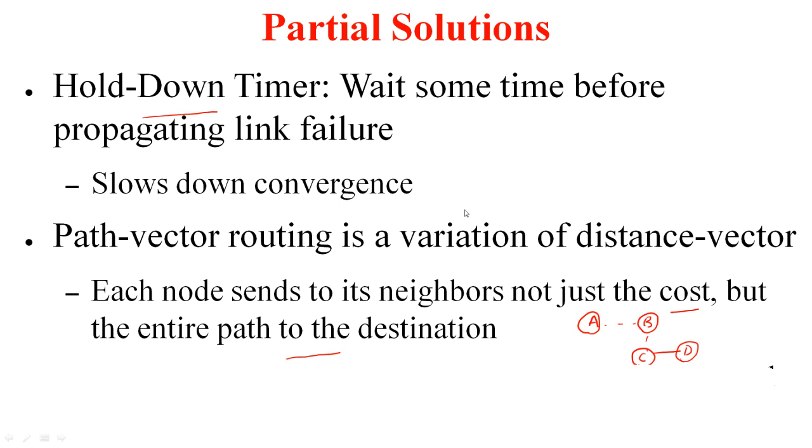Suppose A is reaching destination D via B. When A sends a routing message, it will say I can reach D at some cost, and the path I am taking is A, B, C, D. Now if something had gone wrong for B and it is not able to reach D, let's say this link has failed, it knows not to use this path advertisement from A because it sees itself as part of the path. Thereby it is not going to act on this particular message from A.